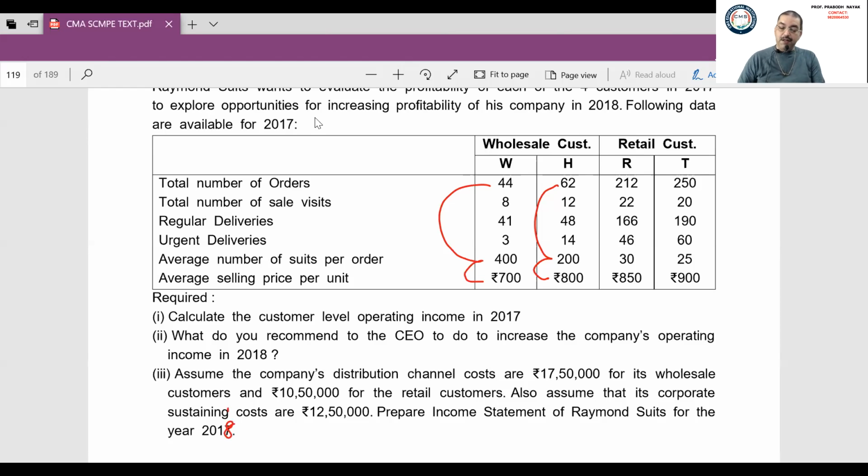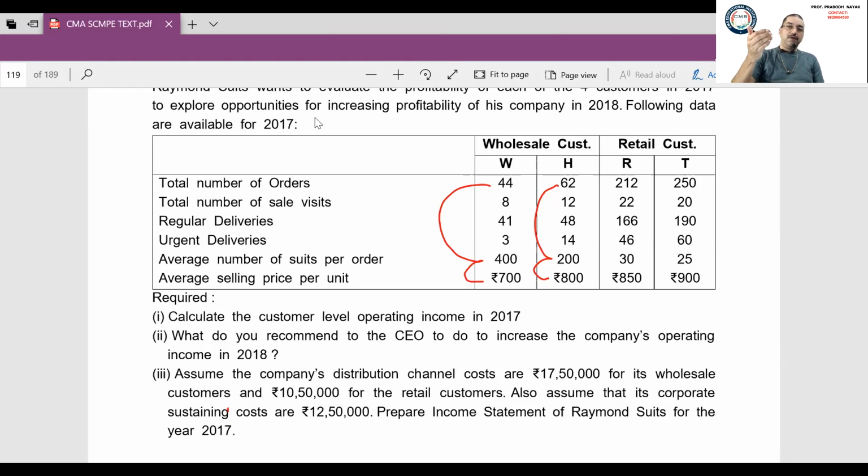Okay, now what we will do is, oh sorry, this is 2017 only, not 2018, this is 2017. What we'll do first is prepare the operating income statement for 2017 for the 4 customers W, H, R, and T. How to calculate the operating income statement?